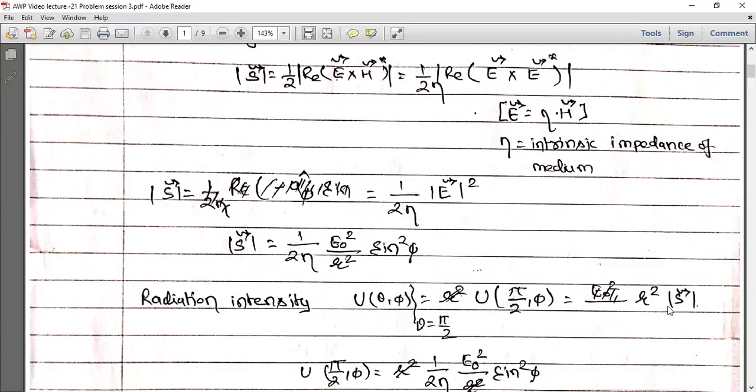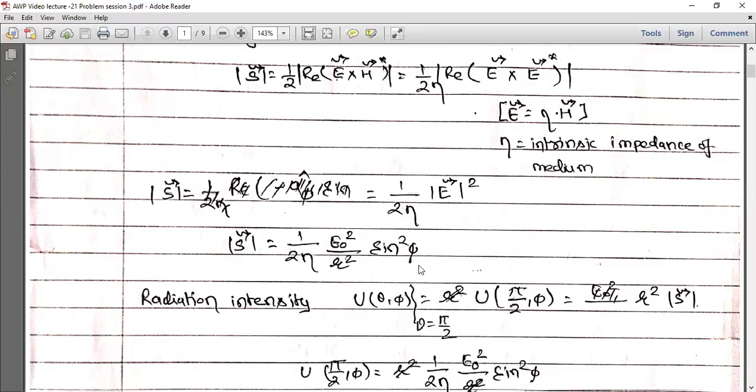So one thing is clear. This expression we had already used in some numericals. We know very well that radiation intensity is equal to r square times the time average power density. We have already derived the same relation many times in our class, and in many numericals we have already used it.